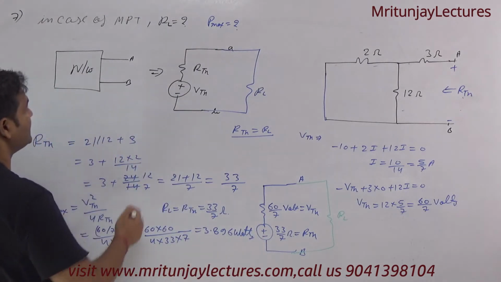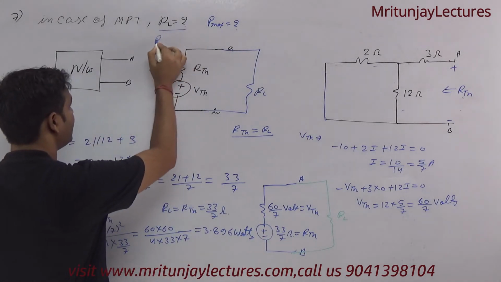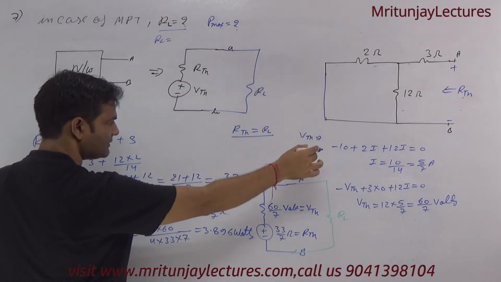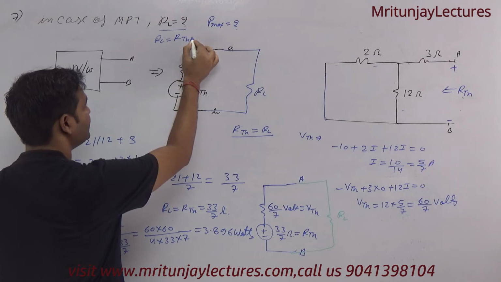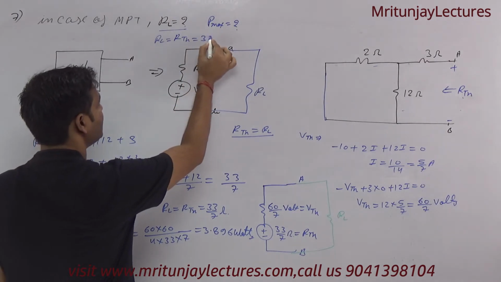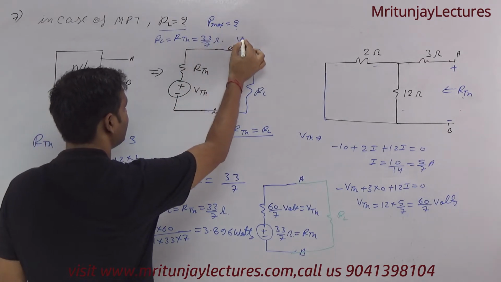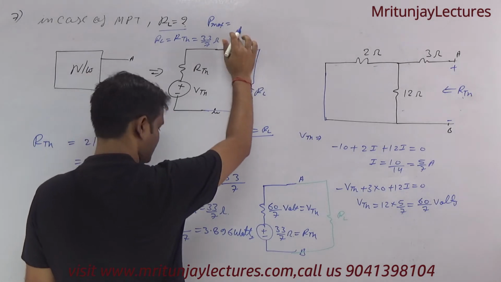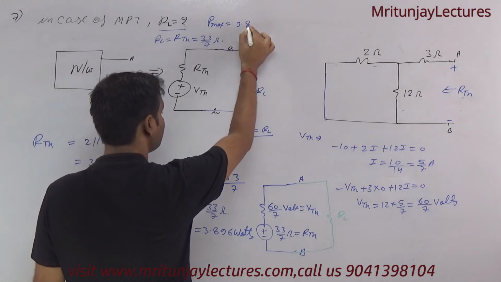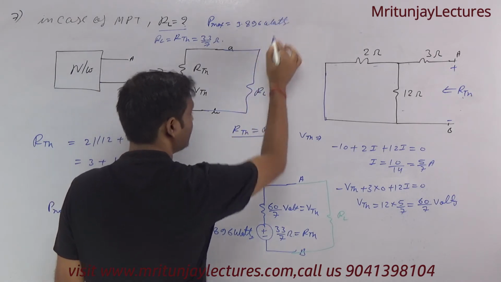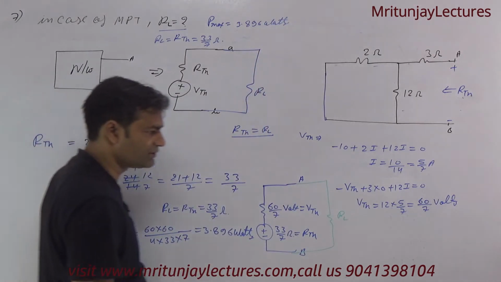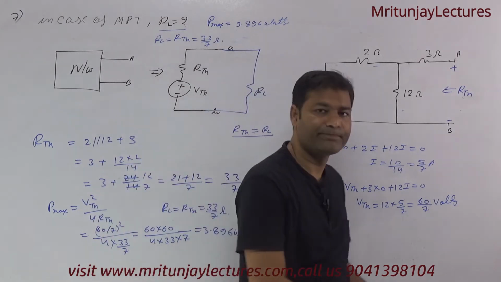But corresponding to the question, our motto is to determine RL. So RL is simply RTH, and RTH is 33 by 7 ohm, and Pmax is 3.896 watt.